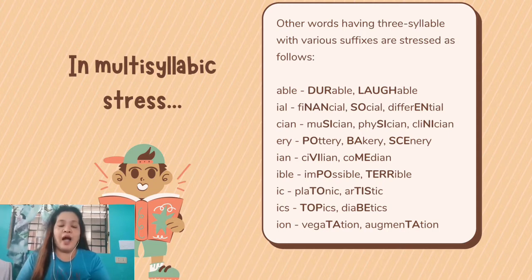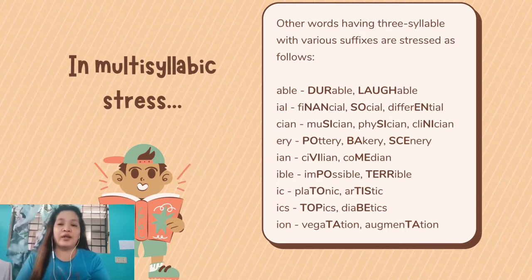Other words having three syllables with various suffixes are stressed as follows. On able, we have adable, durable, laughable. On ial, we have differential, social, financial. While on cian, we have physician, clinician, musician.